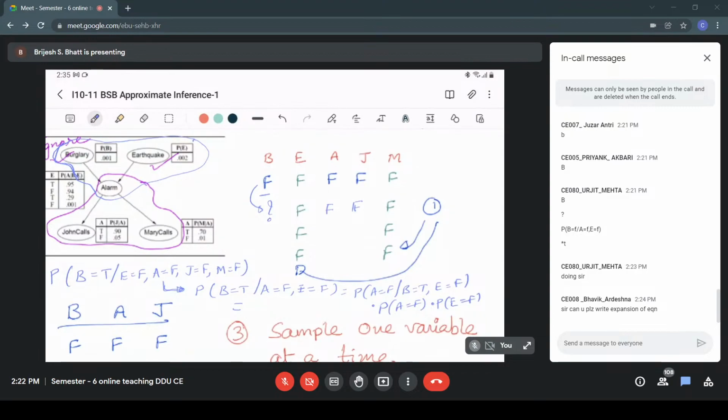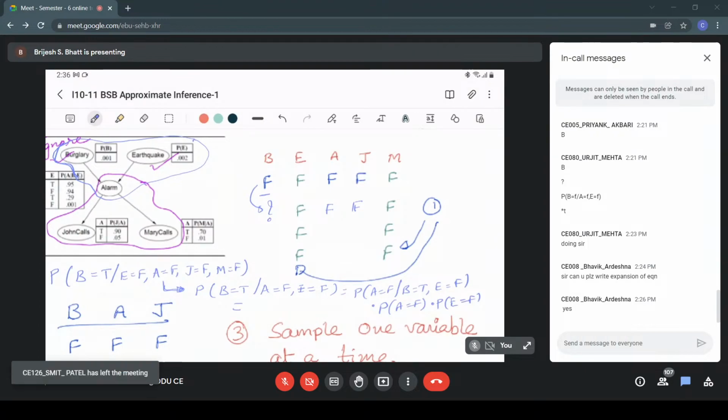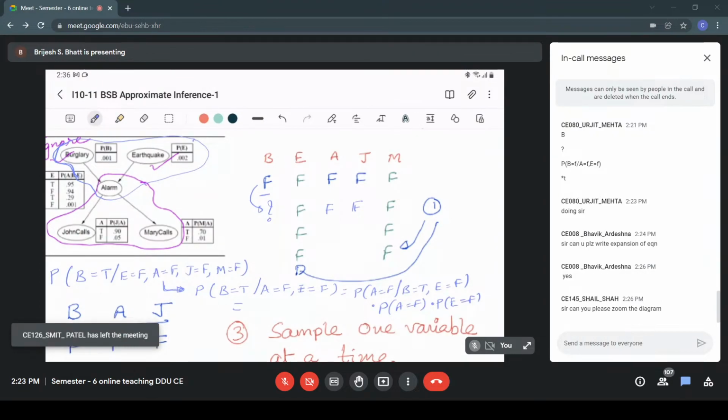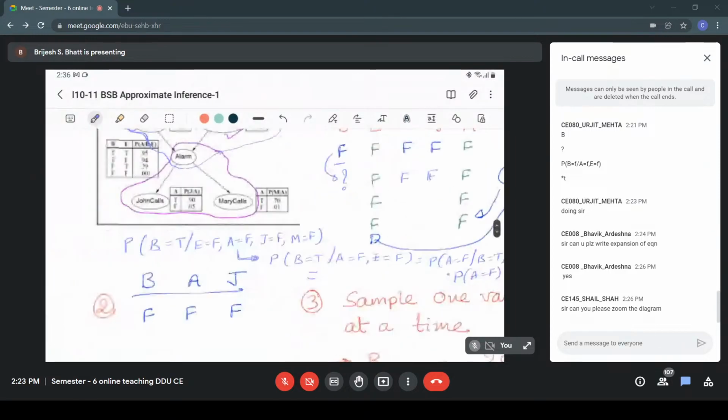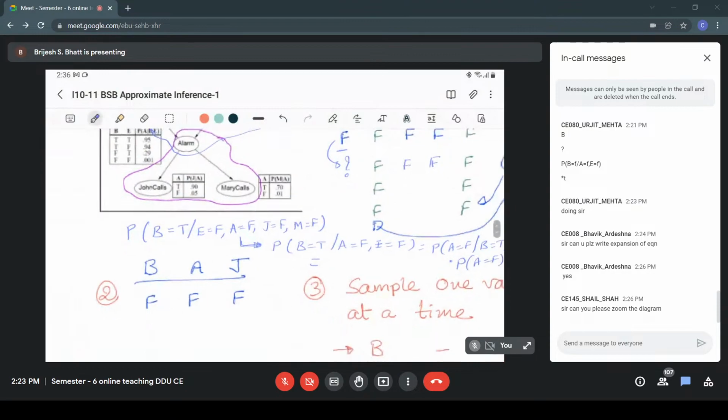Is this clear? Of course, in the denominator you need to marginalize, but in the numerator you can do it like this. So that is our second sample.